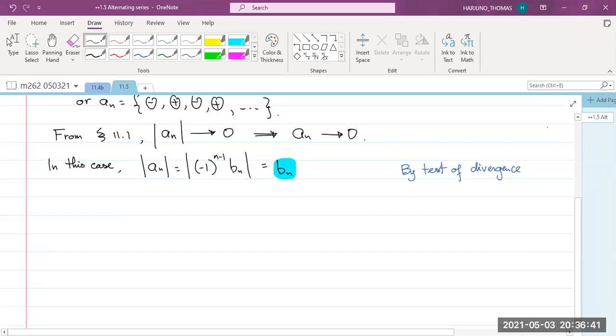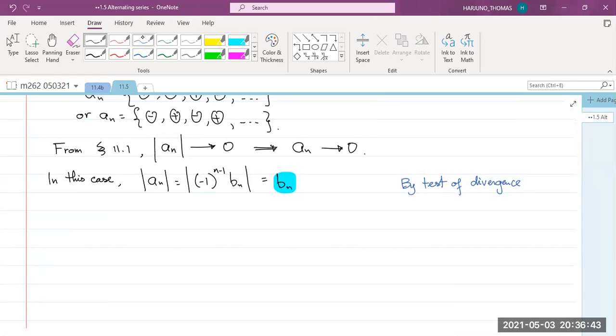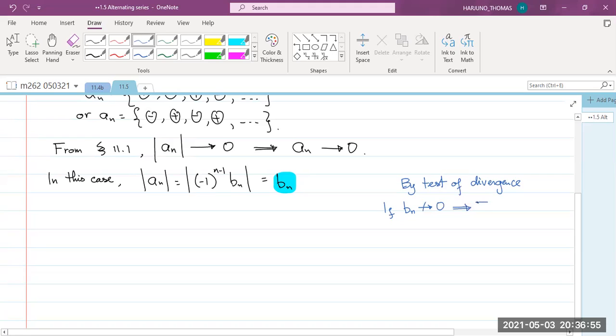We know that if the positive part of the series is not converging to 0, then the series of A sub n is divergent.